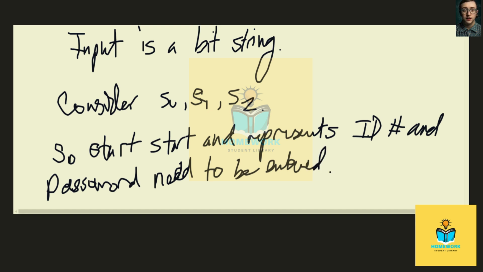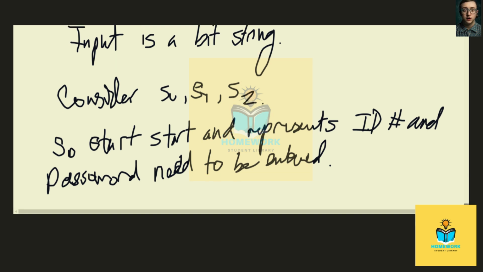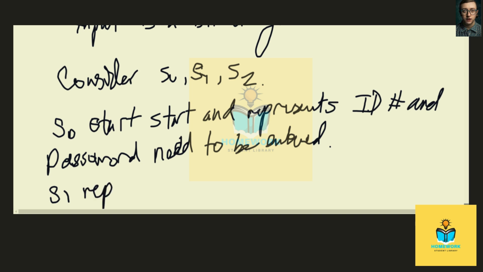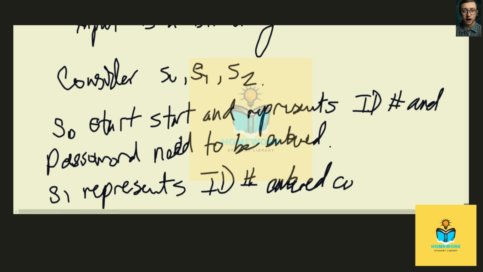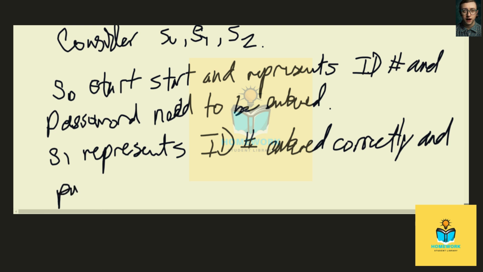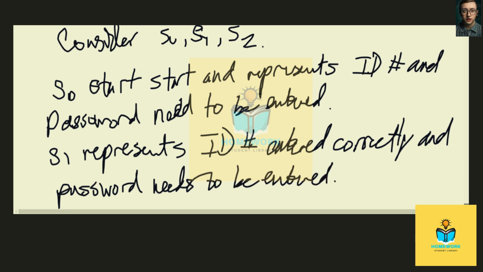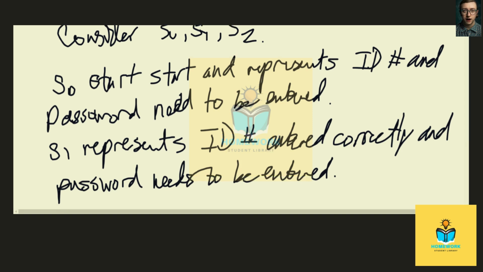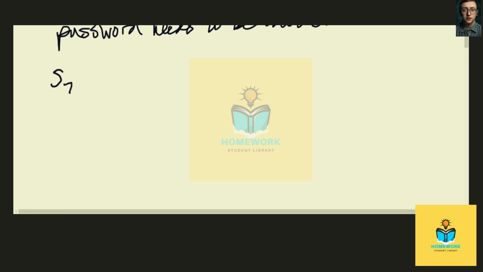Now, S1 is going to represent the fact that the ID number was entered correctly and the password still needs to be entered. And finally, the state S2 will represent that the ID number and the password were both entered correctly.